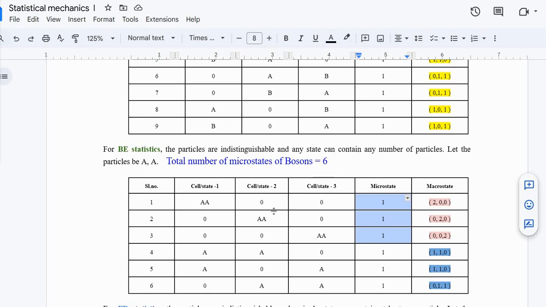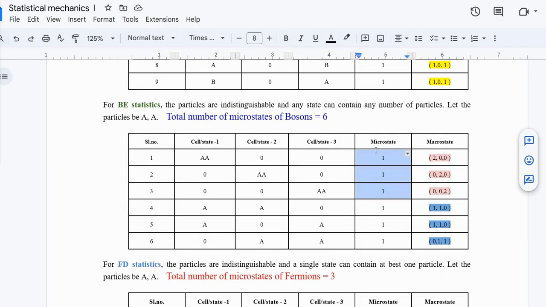The other possibilities are 2 different cells with 1 particle each and 1 empty. So this is A A 0, A 0 A, and 0 A A. So another 3 microstate combinations are possible. So there are 3 microstates of 2, 0, 0 and another 3 microstates of 1, 1, 0 for the bosons.